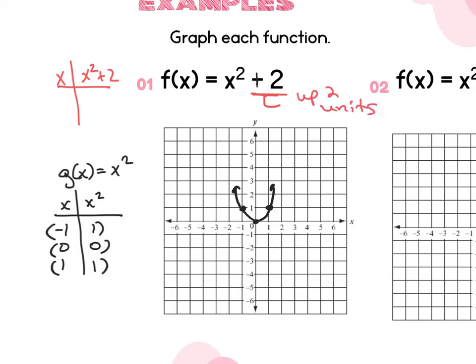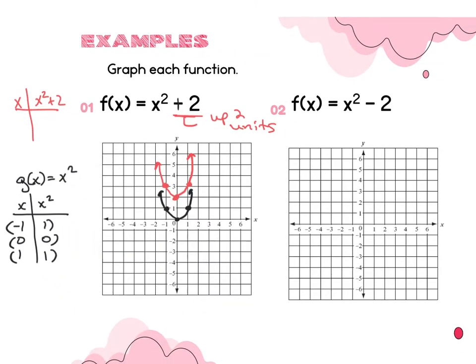So I'm going to take the 3 dots that I just put on here and move them individually. I'm going to move this one first. 1, 2, put a point right there. Then I'm going to take the 0, 0, move it up 2 spaces. And then also the 1, 1, move it up 2 spaces. I've now just graphed the x squared plus 2 by using the parent and just moving those 3 points 2 units up.